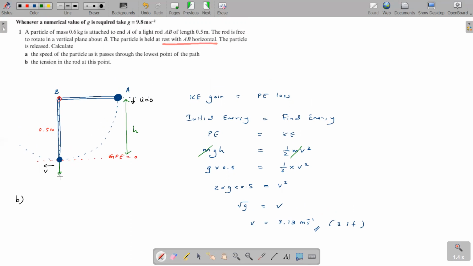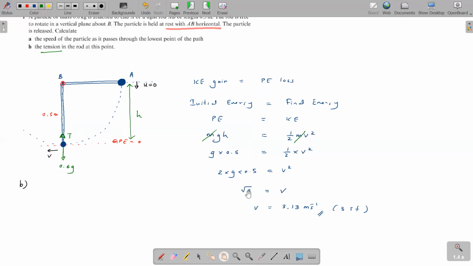So weight is 0.6 g acting vertically downward. Because it's a rod and they want the tension, tension acts directly vertically up on the rod. These are the only two forces we have. We do not have any normal reaction or friction here. So we only have the tension and the weight.